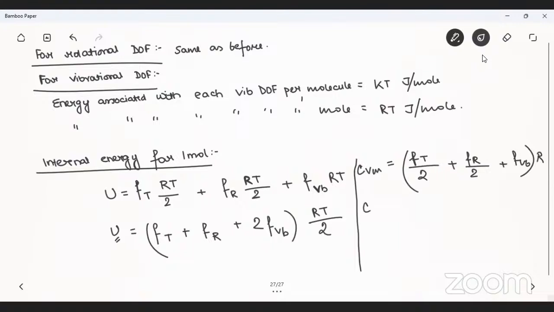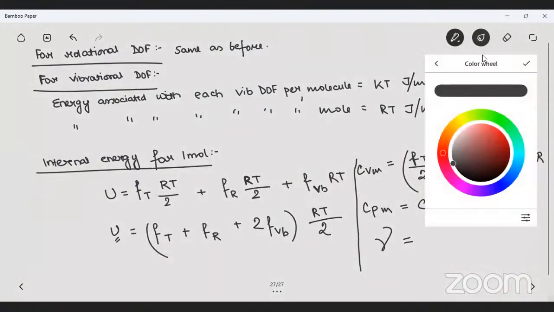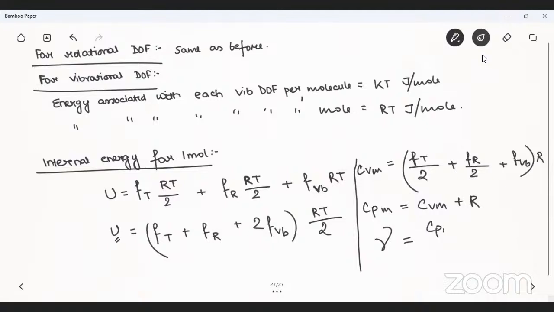So CPM, this is CVM plus R. And gamma, if you have gone through the last class, it is the ratio, it is CPM by CVM. Okay, so these are the formulas you will be learning.